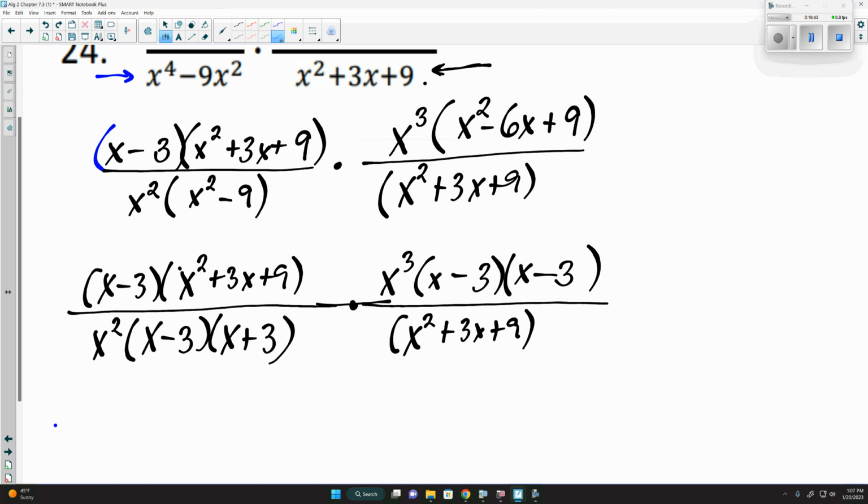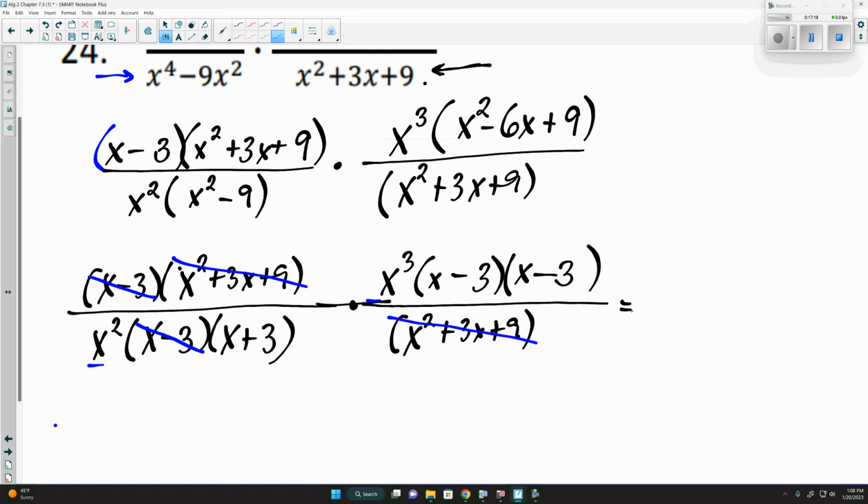So let's simplify what's in common. Well, the ones we already knew from the start, those quadratics. All right, then we also have x minus 3 with x minus 3. Yep. And that's it. Well, almost. x squared and x to the third.